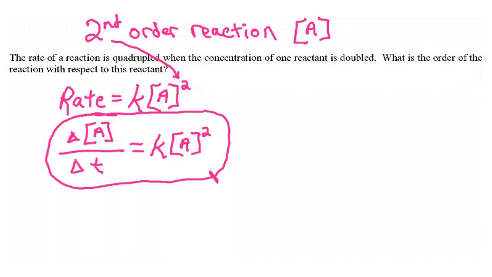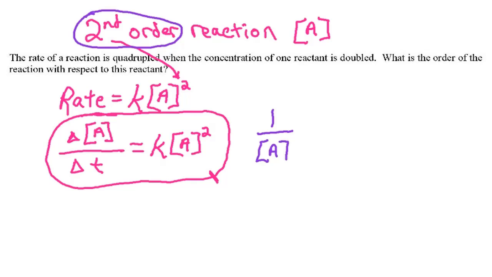So let's write that down also. For second order, now remember this is for second order reactions. 1 over the concentration of A at time t, and that's final, or you can write an F for final.